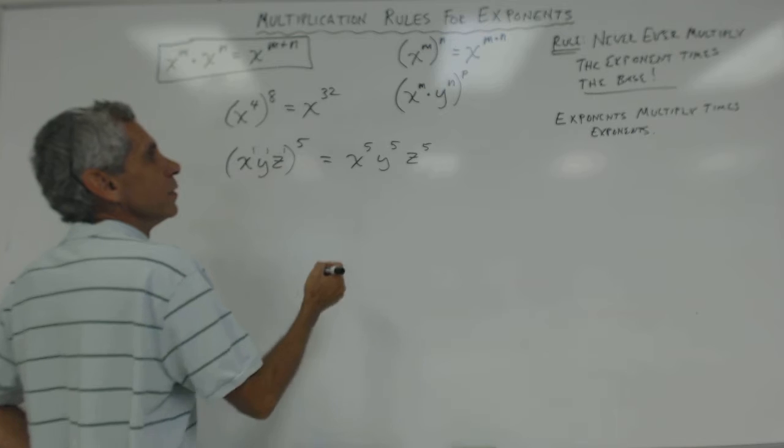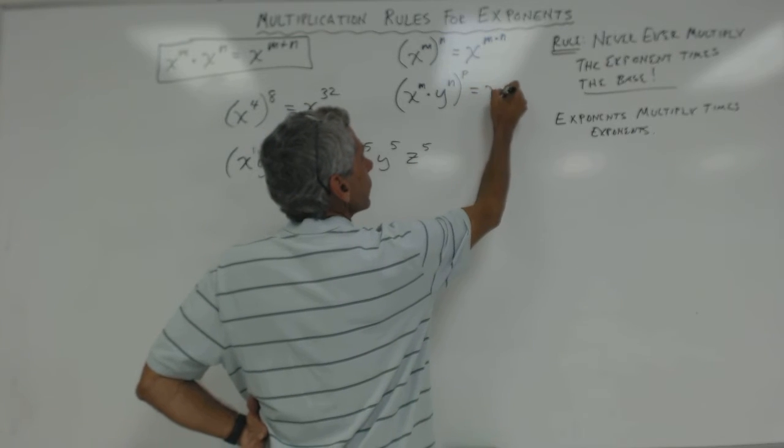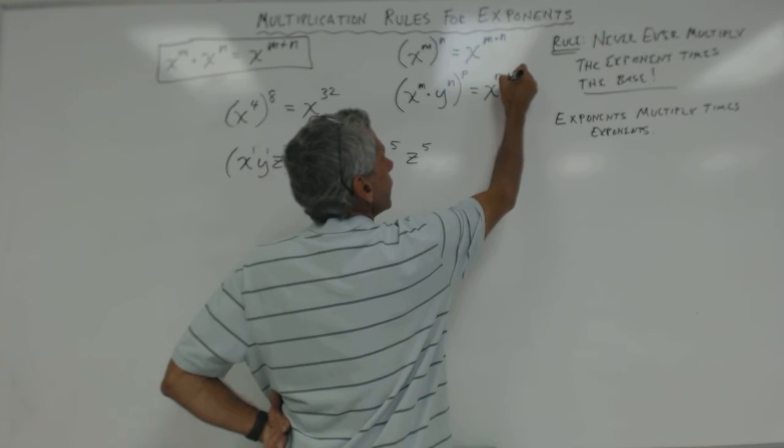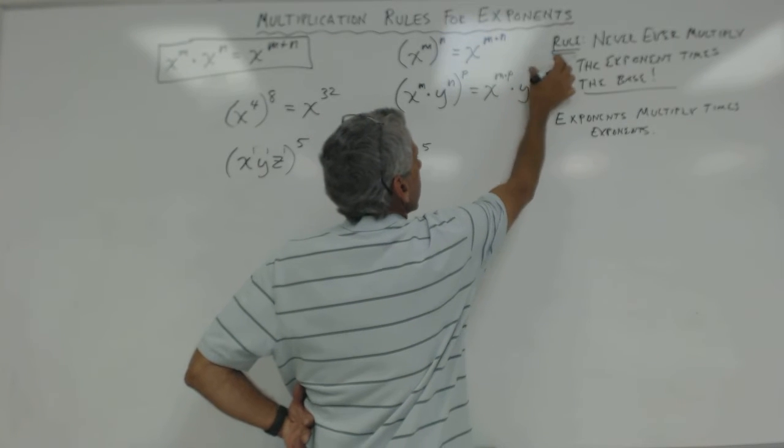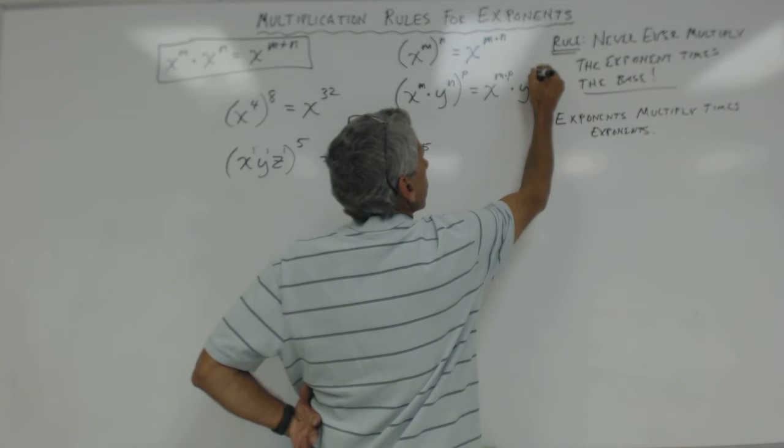So that would be x to the m times p times y to the n times p, right? You with me?